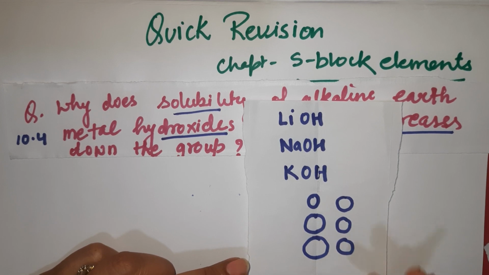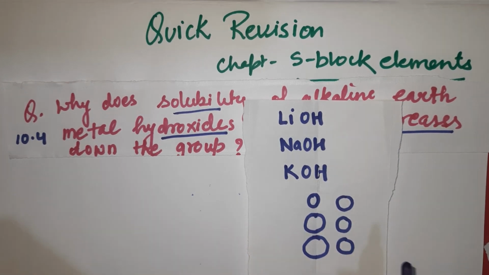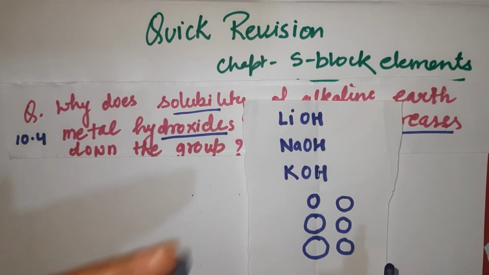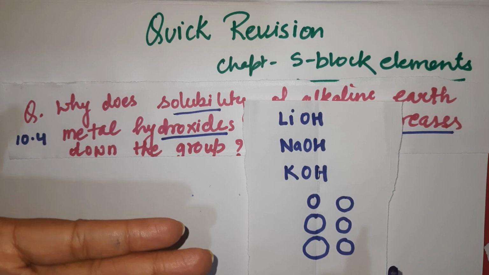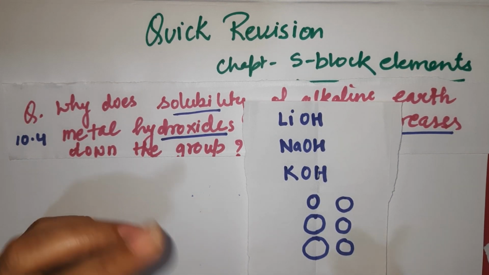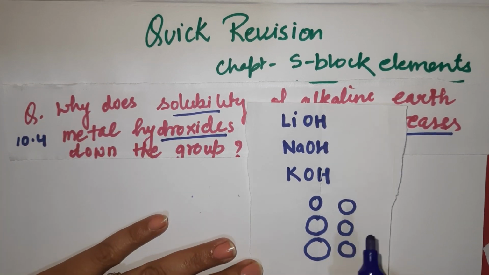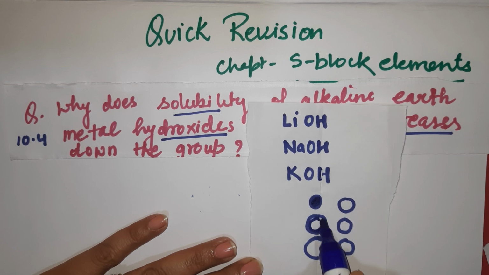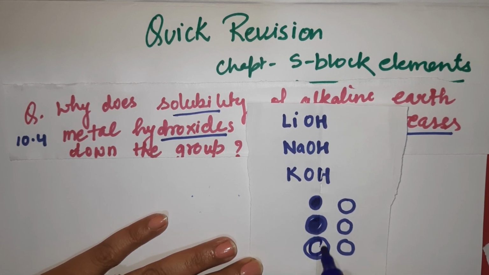As the size of the cation increases down the group, lattice enthalpy decreases, and if the lattice enthalpy decreases, we can say hydration enthalpy increases. And because hydration enthalpy is increasing, the solubility also increases. So all the game is of the size of the cation here.